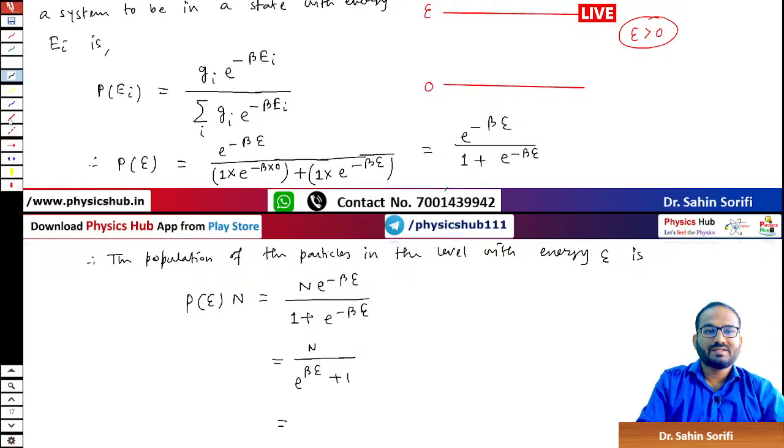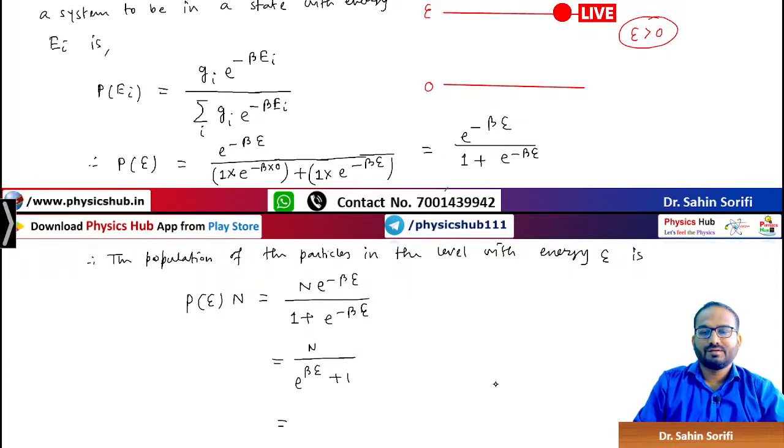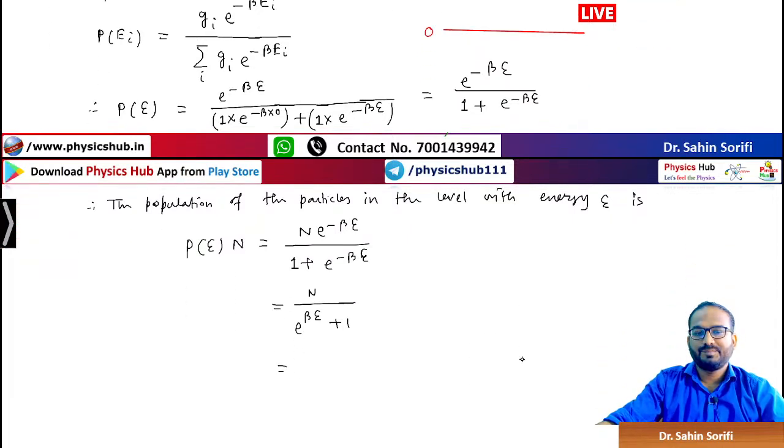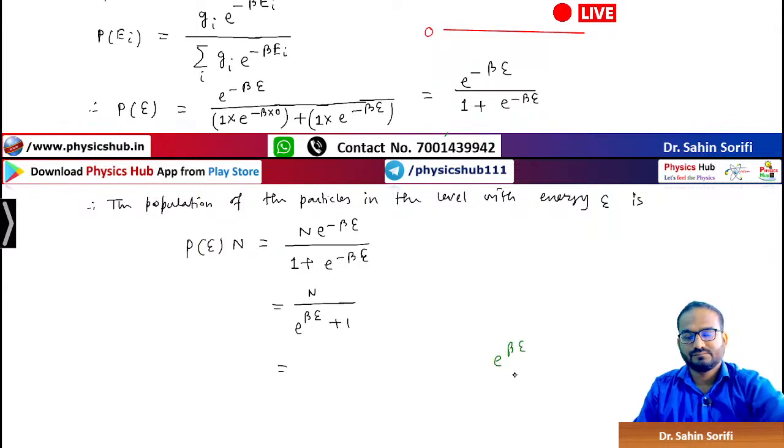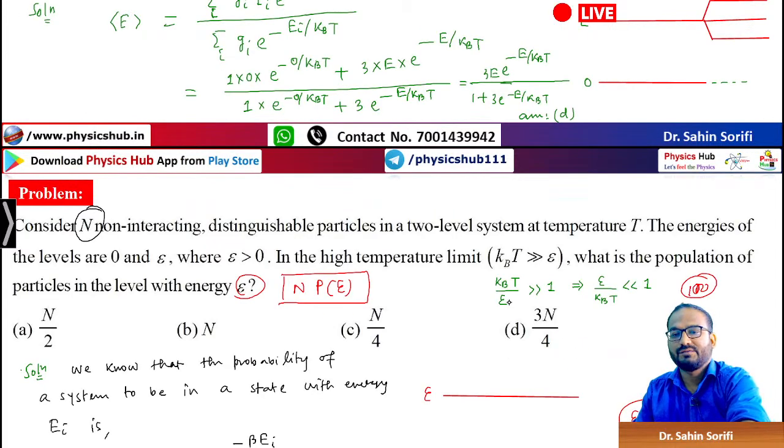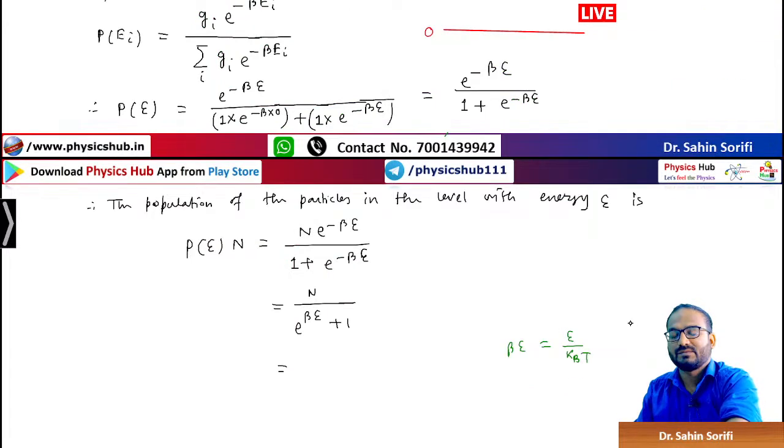Look, firstly let us consider beta epsilon. Beta epsilon is equal to epsilon by kT, and it is given to be much less than 1.